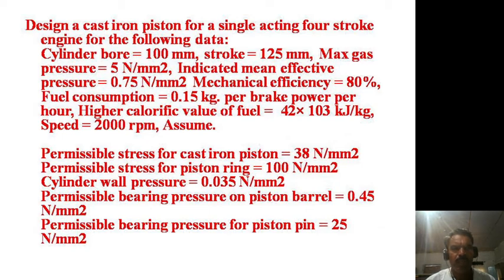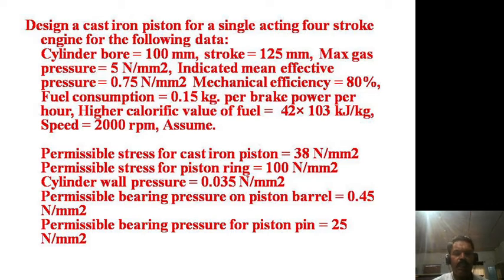Fuel consumption 0.15 kg per brake power hour. Calorific value is 42 into 10 raised to 3 kilojoules per kg. Speed is 2000 rpm. Assume that permissible stress for cast iron is 38 Newton per mm square.